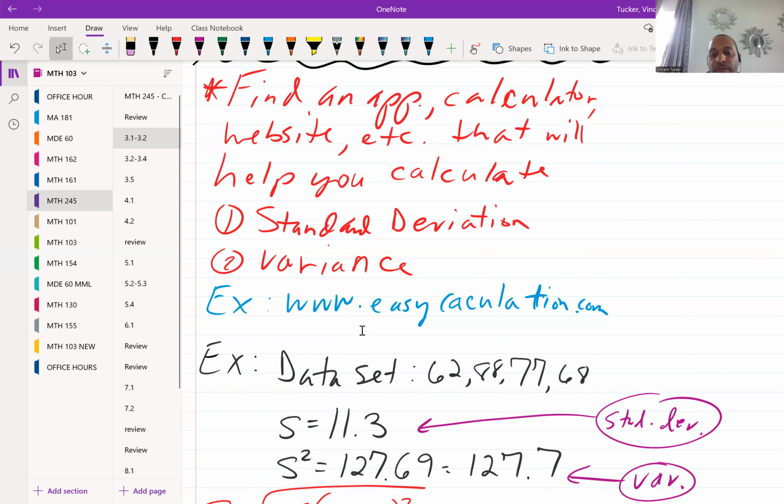And standard deviation is 11.3, variance 127.69. All right, can I go to the next page? Everybody okay?